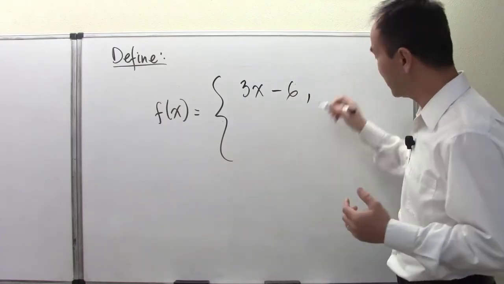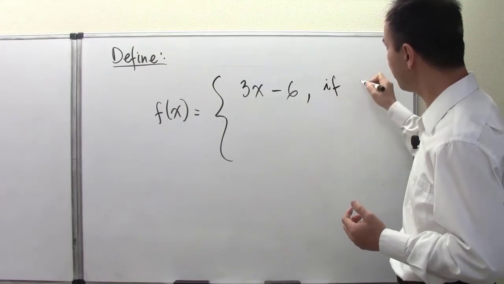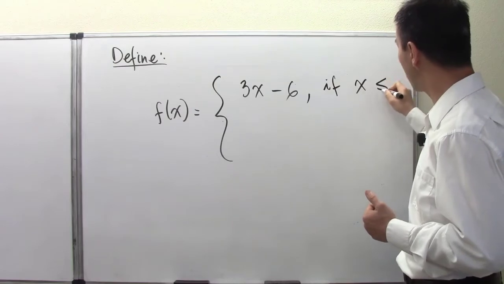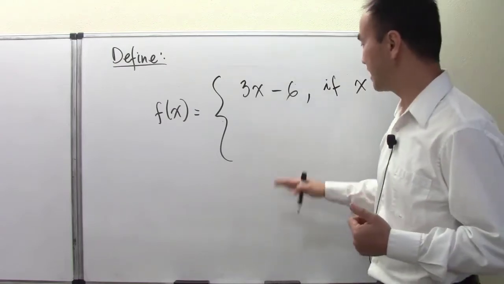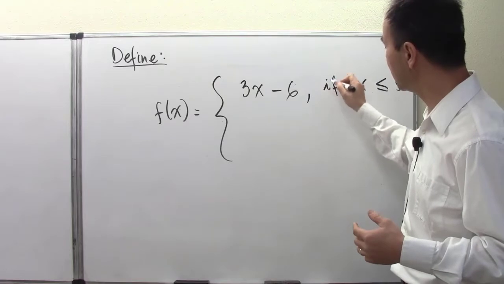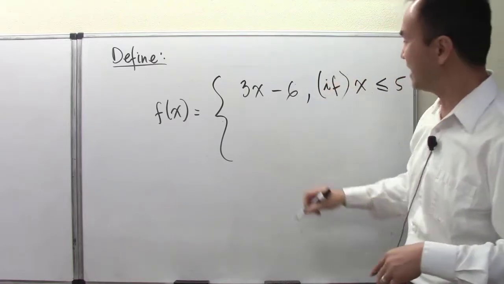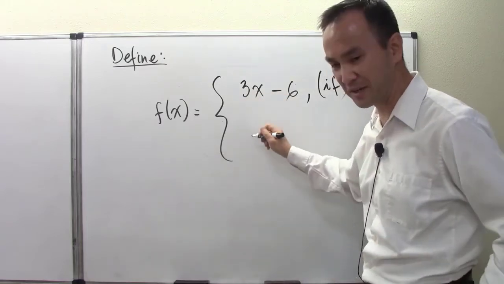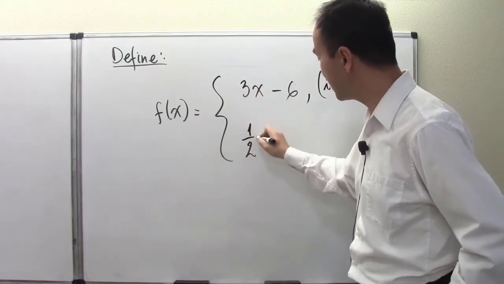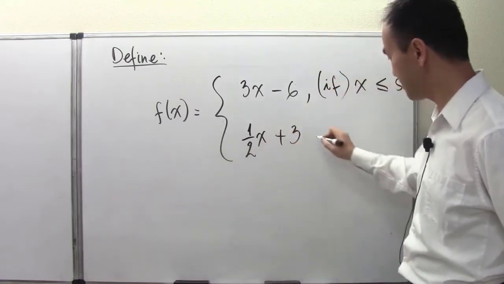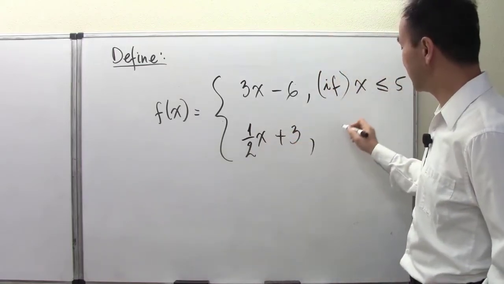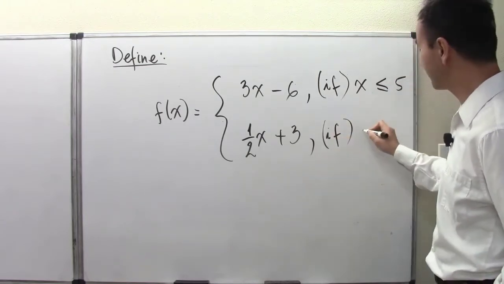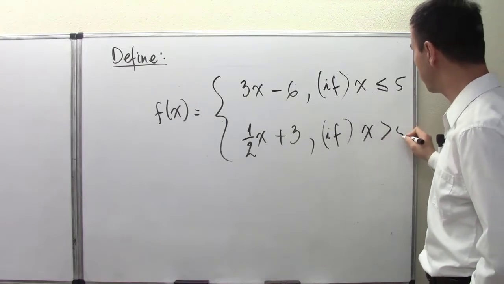Formally, many textbooks say if x is less than or equal to 5, but for shorthand writing, that term is usually skipped. On the other line below, it says 1/2 x plus 3, with a comma, and if x is greater than 5, which can usually be skipped too.